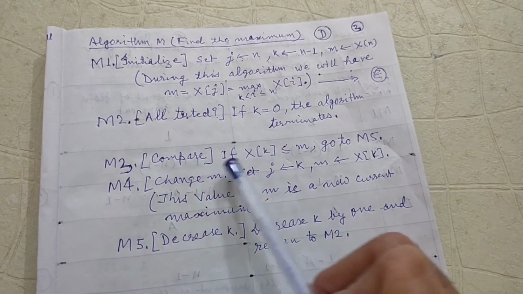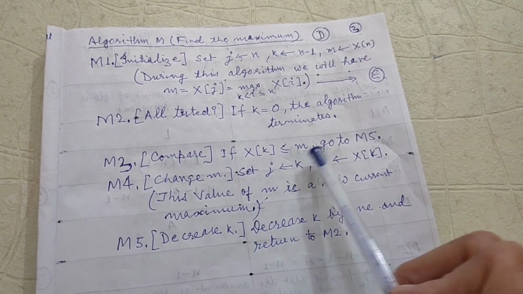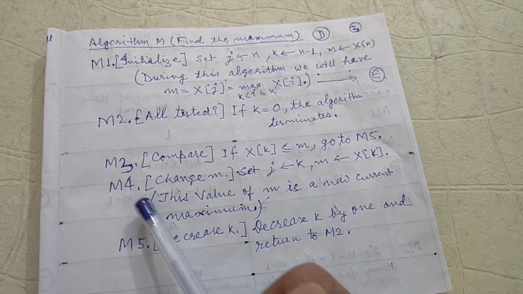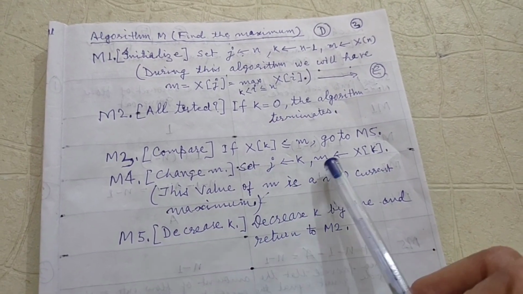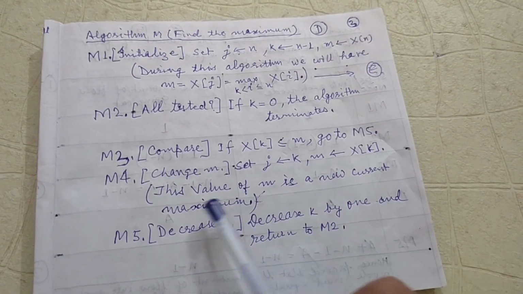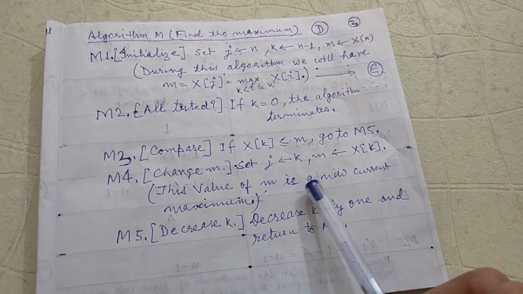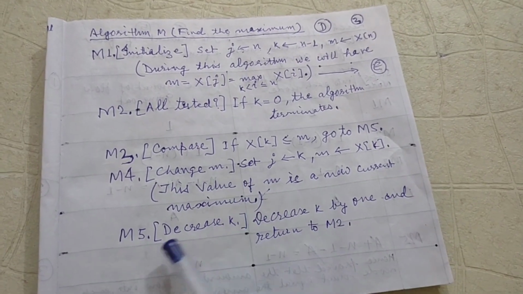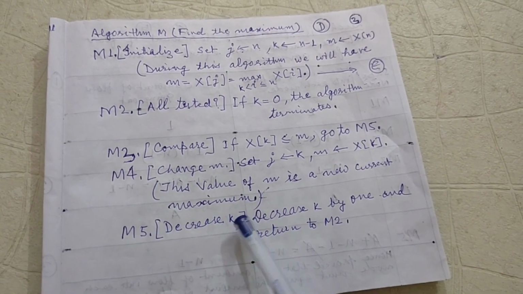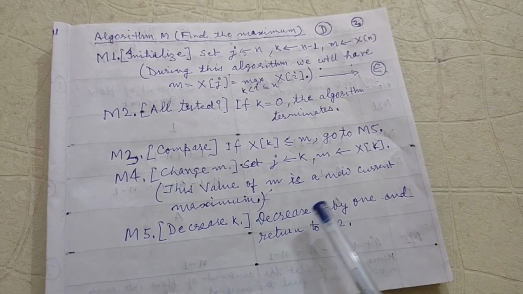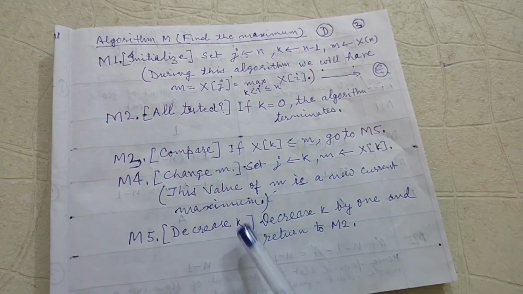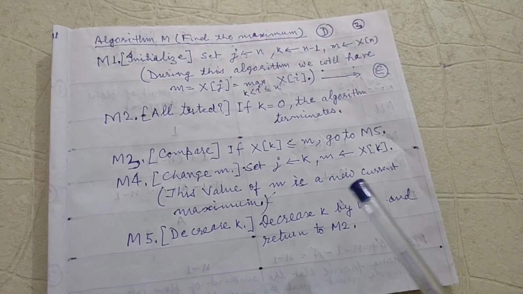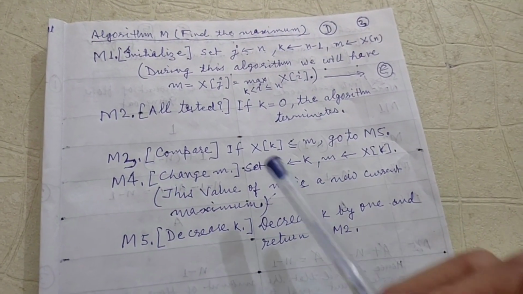M3 compare: if xk is less than or equal to m, go to M5. M4 change m: set j is k, m is xk. This value of m is a new current maximum. M5 decrease k by 1 and return to M2. This algorithm I have already explained in flowchart.